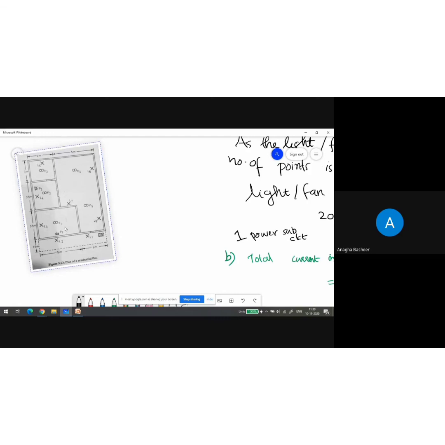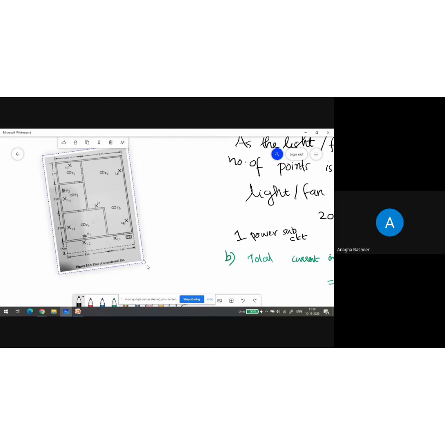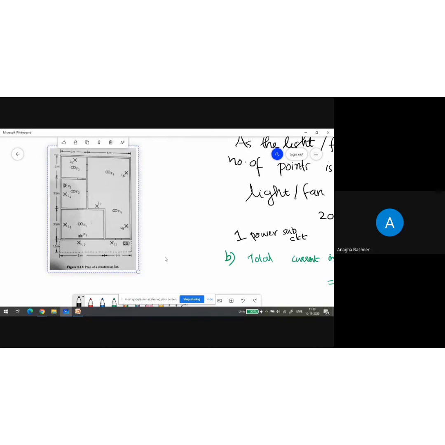First of all, you have to fix some switchboards. See, I have fixed some switchboards. We'll use some other colors so that it's easy. Switchboard 1 here, switchboard 2 here, switchboard 3. This is a previous year university question. So usually these type of plans, they will ask for your exams.